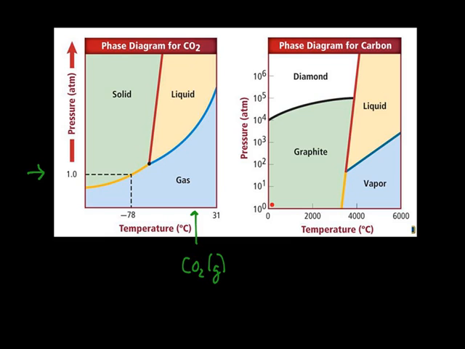But at 1 atmosphere, it does not ever go to a liquid state. It goes from solid to gas, from very cold temperatures to 31 degrees. So at minus 78 degrees, you have sublimation occurring. It goes from solid carbon dioxide straight to gas at minus 78 at 1 atmosphere.